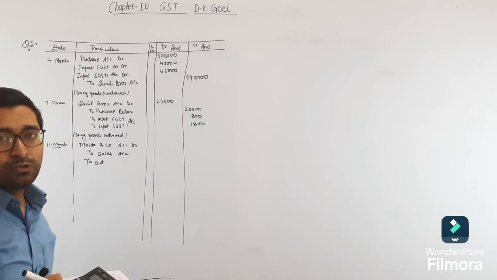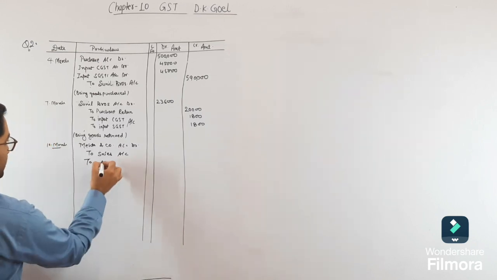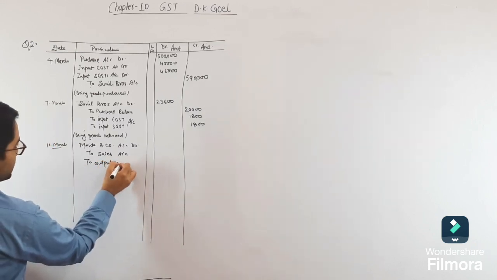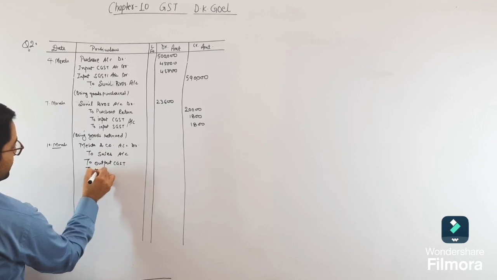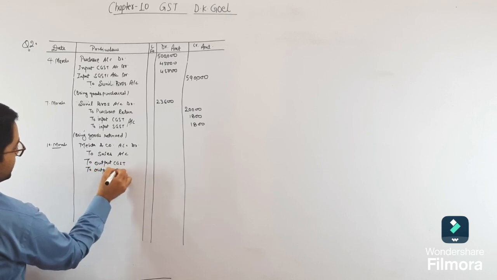In the case of sales you write output CGST and SGST.